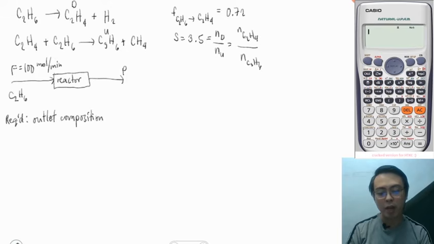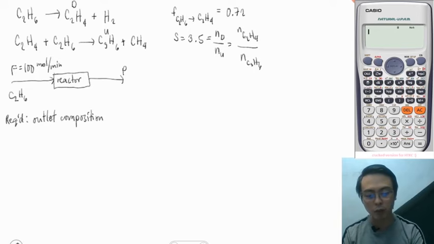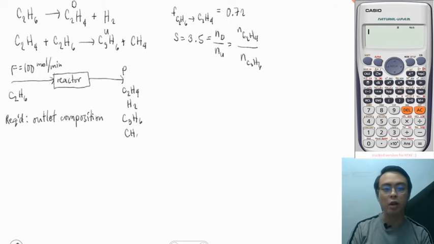In the diagram, I have left the composition of the product blank because I want to clarify with you what should be in the product. So let's try to analyze. First, you should list everything that's on the product side of the reactions. So we have C2H4, H2, C3H6, and CH4. All of these are products.